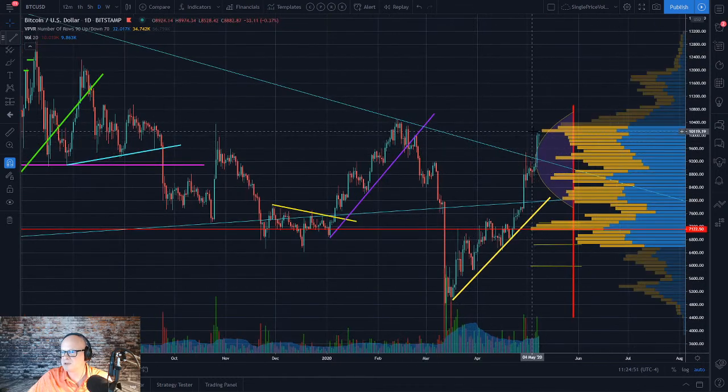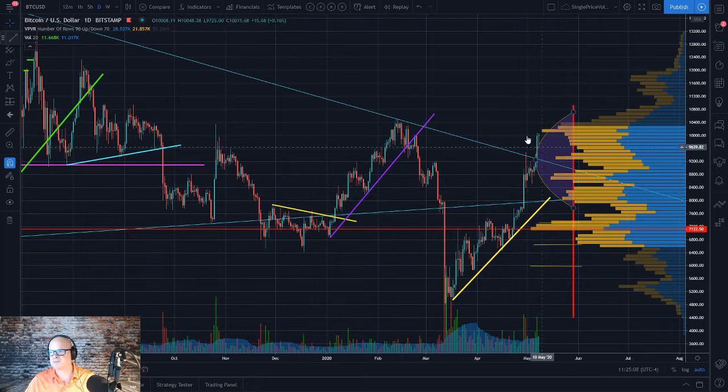You can see that right there. So there is some overhead resistance. There is overhead supply of people shorting it up there or taking profits at 10,000. Overhead supply can be people taking profits or shorting it new, shorting it to open at that level. So once we get above there, though, very few impediments to this thing running. Once we get above 10,000, very few impediments.